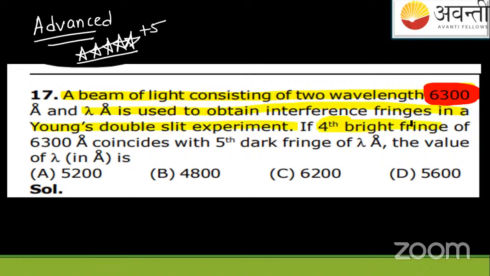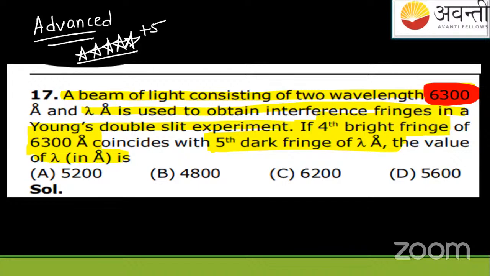The fourth bright fringe of 6300 angstrom coincides with the fifth dark fringe of lambda angstrom. Then the value of lambda is equal to how much? A, B, C, D. They're asking the answer. The time starts now.